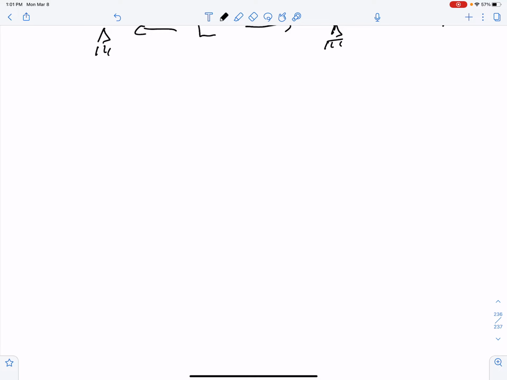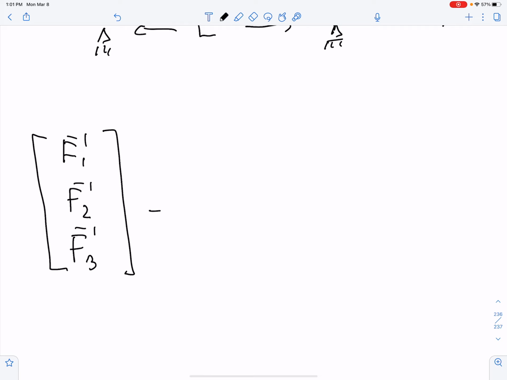So the relationship we need is between the generalized forces, F over bar prime 1, F over bar prime 2, and F over bar prime 3, like this, 3 by 1.